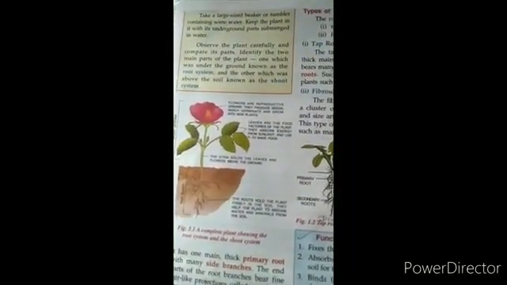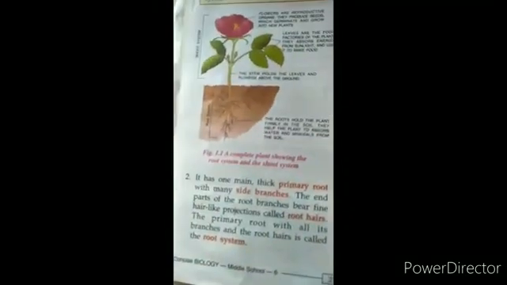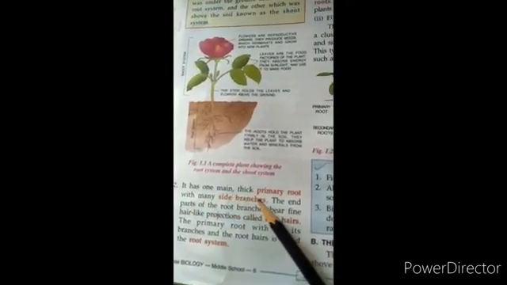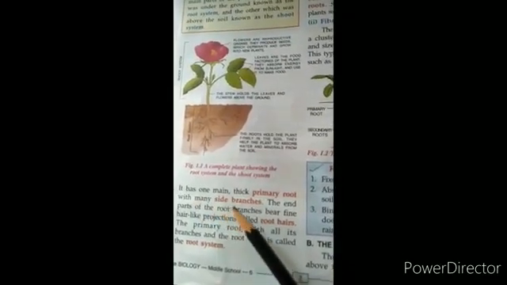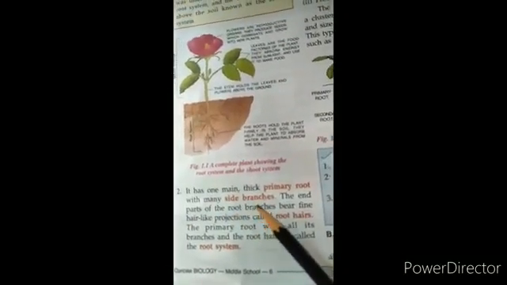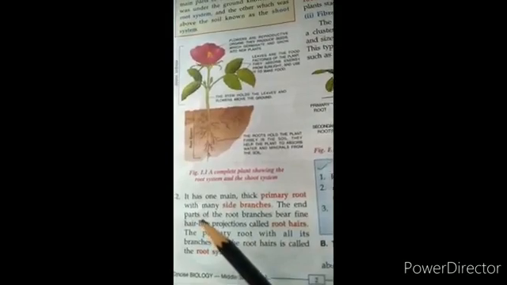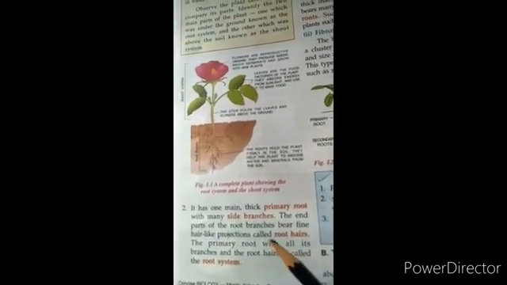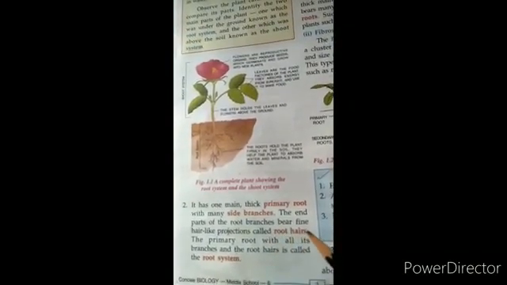So while having a look at this particular page, we find that the root has one main thick primary root with many side branches. The end part of the root branches bear fine hair-like projections called root hair.